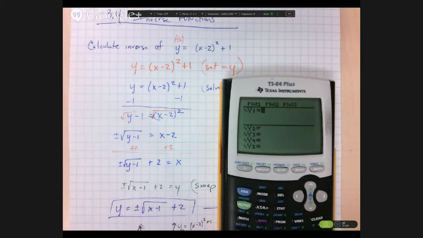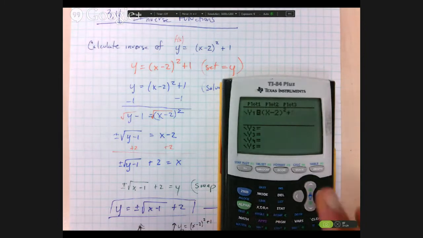Okay, what's our parent graph? X minus 2 squared plus 1.